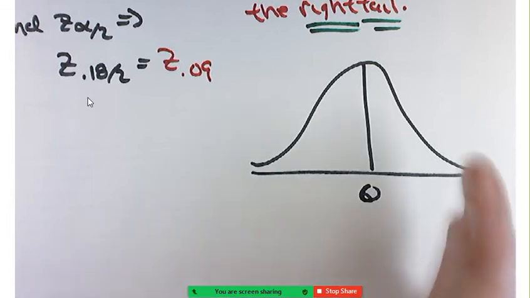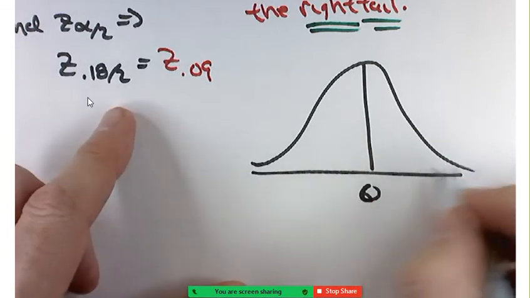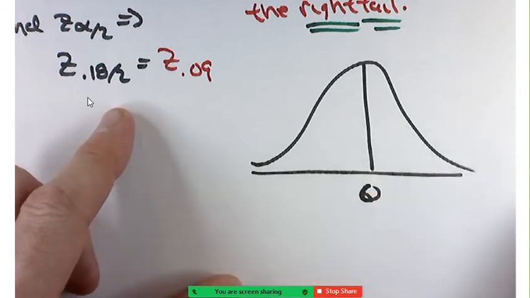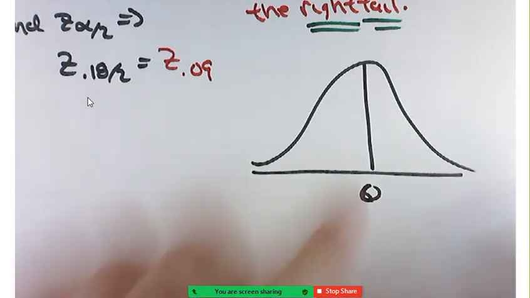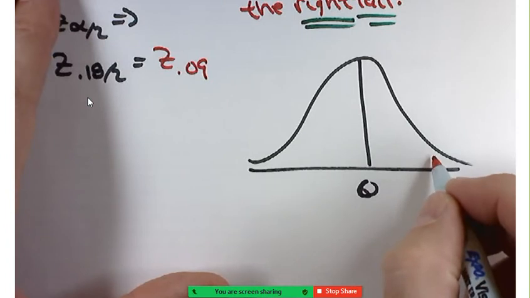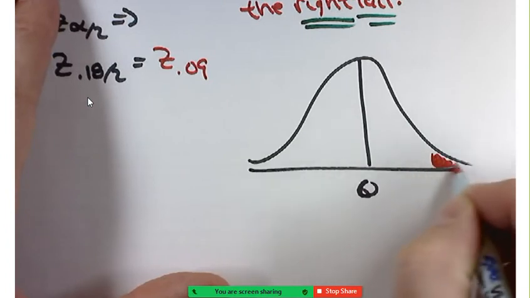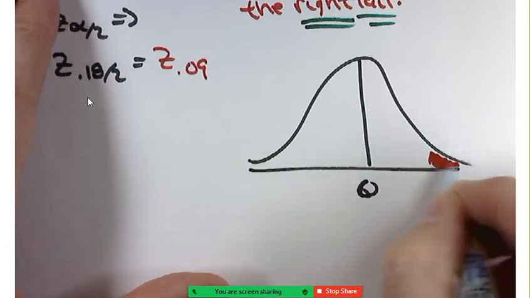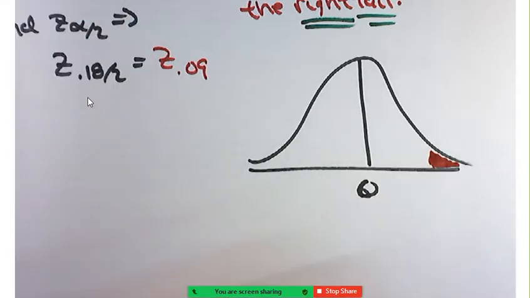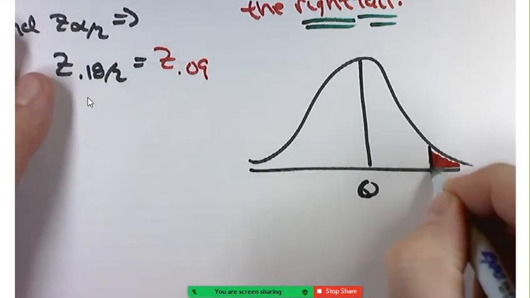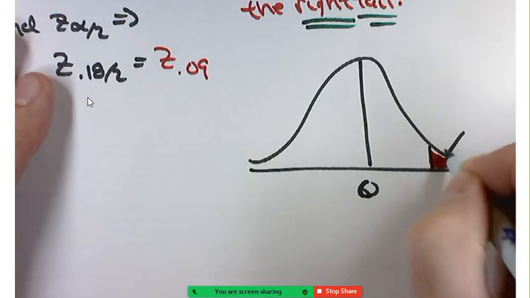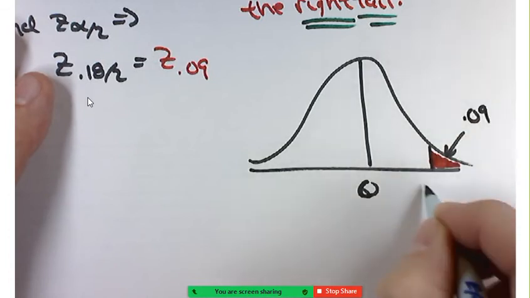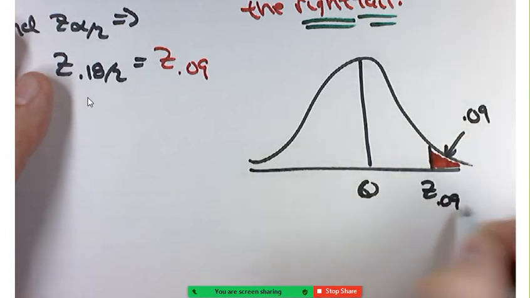Has to be in the right tail because there's only 9% of the area. Half of your area is to the right, so I have to be further than that point. So somewhere out here. So 0.09, z sub 0.09.